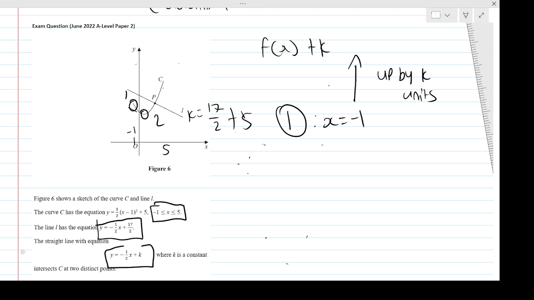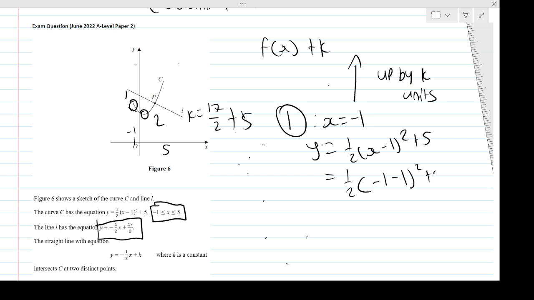So we can substitute x into the line, but the problem is we need to find the y value as well. But we can work that out because we're given the equation of the curve. So at x equals minus 1, y is a half x minus 1 all squared plus 5. Then that becomes a half of minus 1 minus 1 squared plus 5. So then that would be a half of, well, you can put that in a calculator if you wanted to.